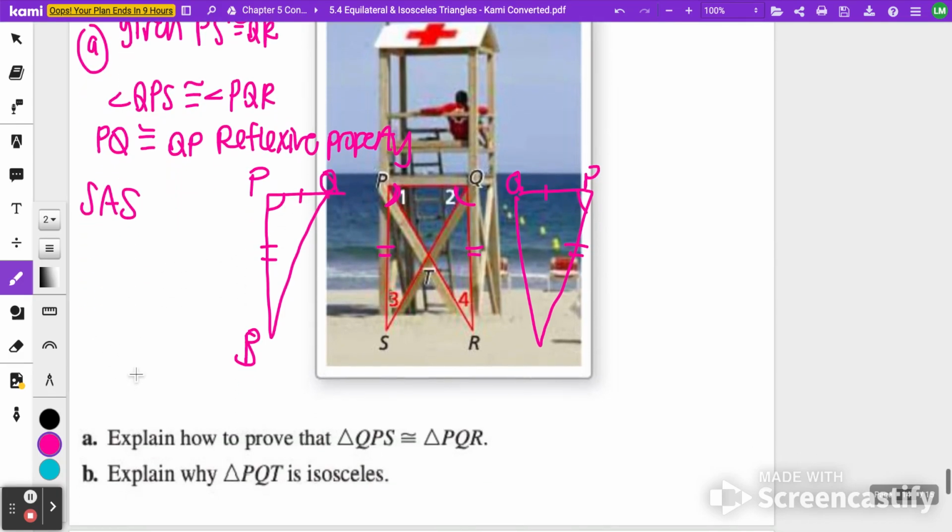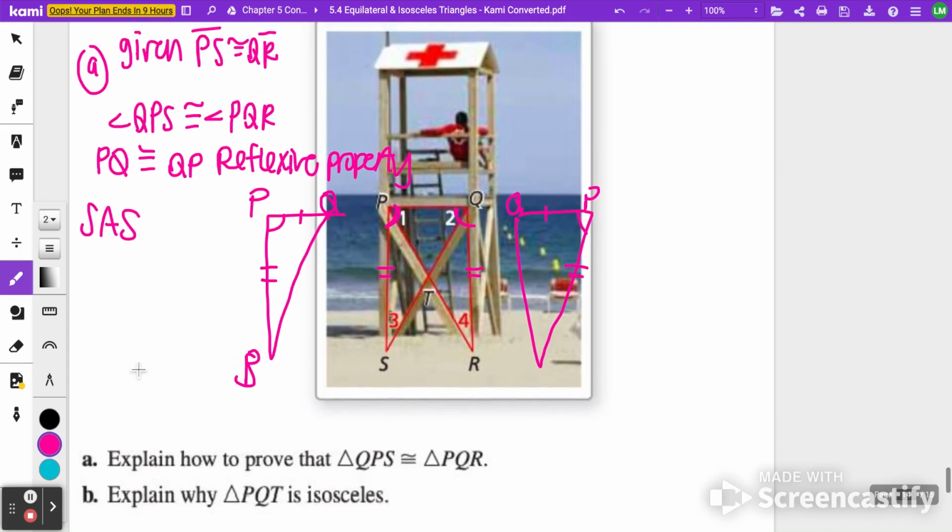Now we want to talk about why PQT could be an isosceles triangle. If you look at PQT, it looks like this all by itself. Here's P, here's Q. We know that those match. Because we have two matching angles, we should have two matching sides.